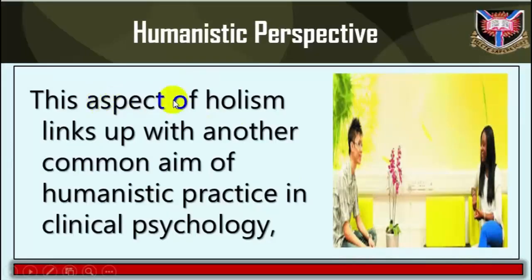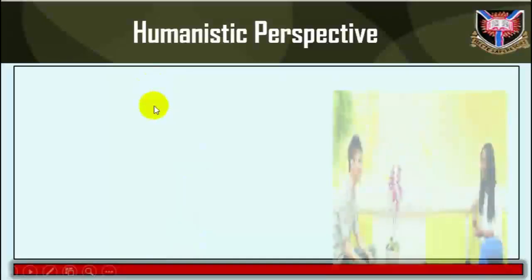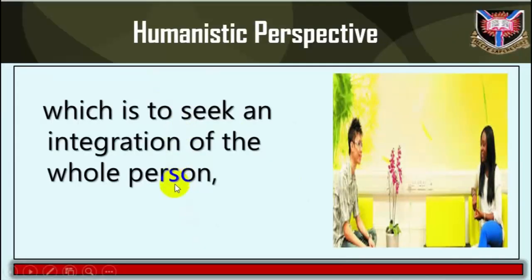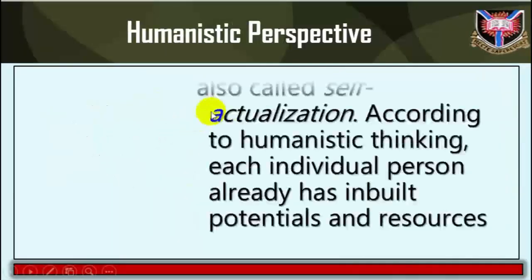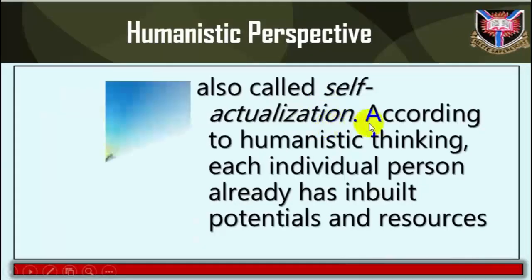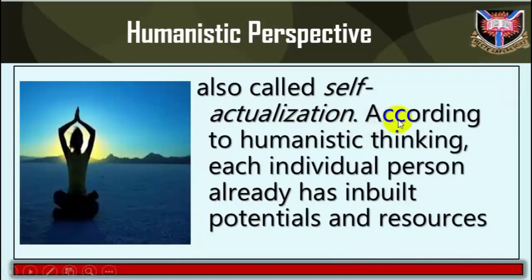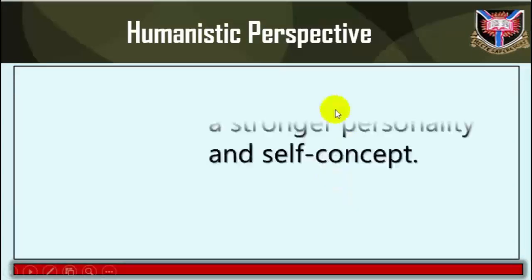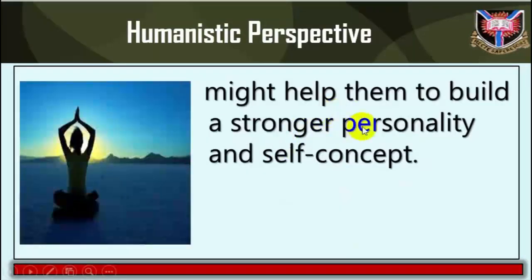The aspect of holism links up with another common aim of humanistic practice in clinical psychology, which is to seek an integration of the whole person, also called self-actualization. According to humanistic thinking, each individual person already has inbuilt potential and resources that might help them to build a stronger personality and self-concept.